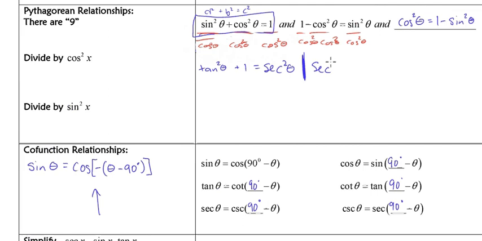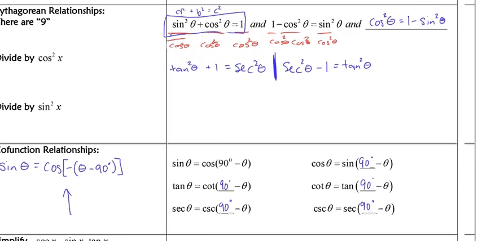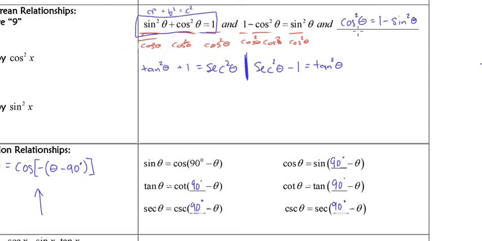So secant squared of theta minus 1 equals, and sine divided by cosine, that's tangent, so tangent of theta squared. Lastly, if we divided everything by cosine right here, on that third one, so cosine divided by cosine, that's 1 equals 1 divided by cosine, that's secant, so secant squared theta, minus, and sine divided by cosine, that's tangent, so tangent of theta squared.